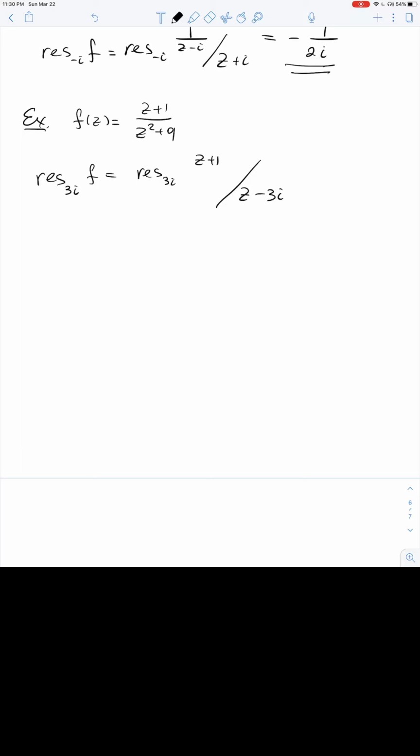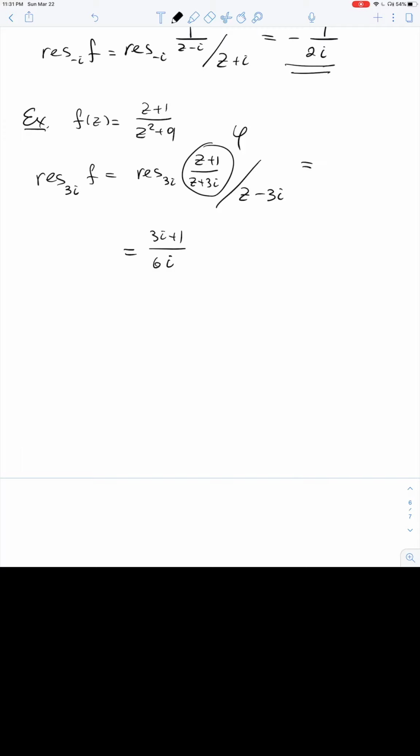What's left? z plus 1 divided by z plus 3i. This is our phi, so we get 3i plus 1 divided by 6i. We can simplify this, but don't really care. I especially don't care because if we want to compute an integral, we'll need to multiply this by 2 pi i, and i in the denominator will cancel out.